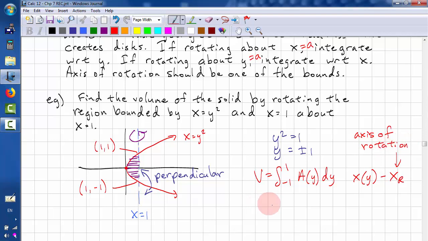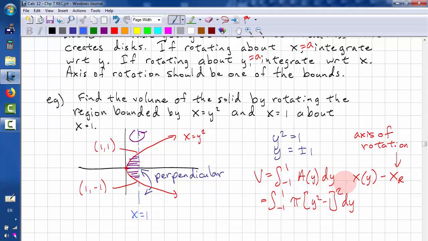Okay, and when we plug this in, we get the integral of -1 to 1, and our area is pi r squared, and our r is the function minus our axis of rotation. So we have y squared minus 1 squared dy.